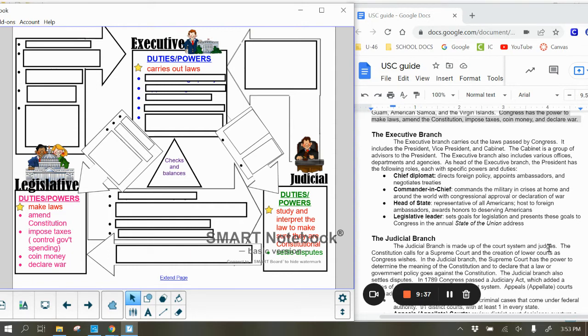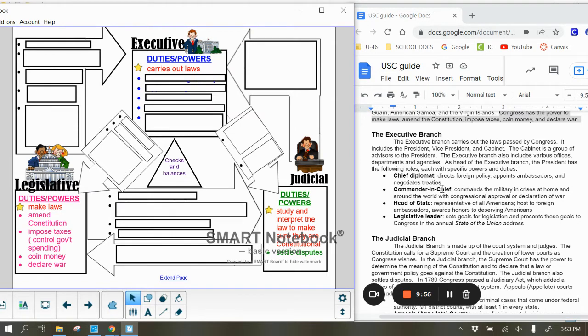He awards honors to deserving Americans. And he's a legislative leader. He sets goals for the legislation and presents these goals to Congress in the annual State of the Union address. So what we're going to use here are specific powers that he has.